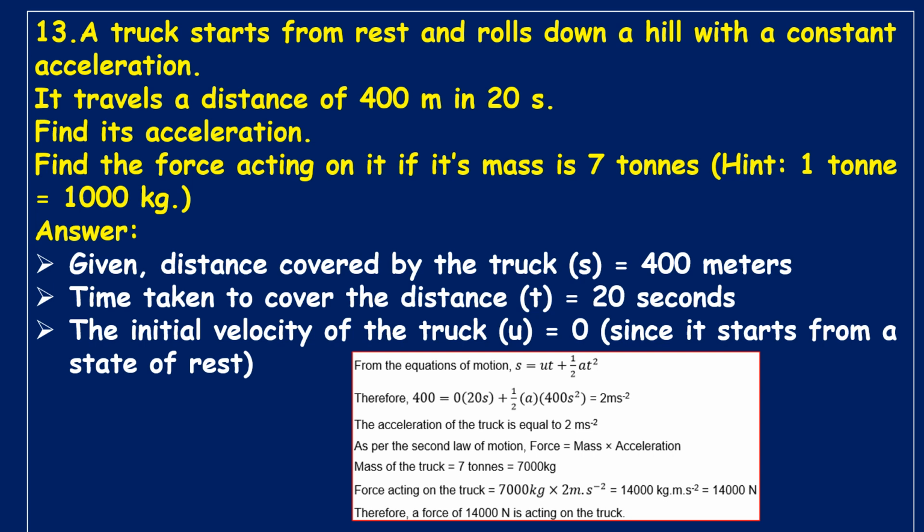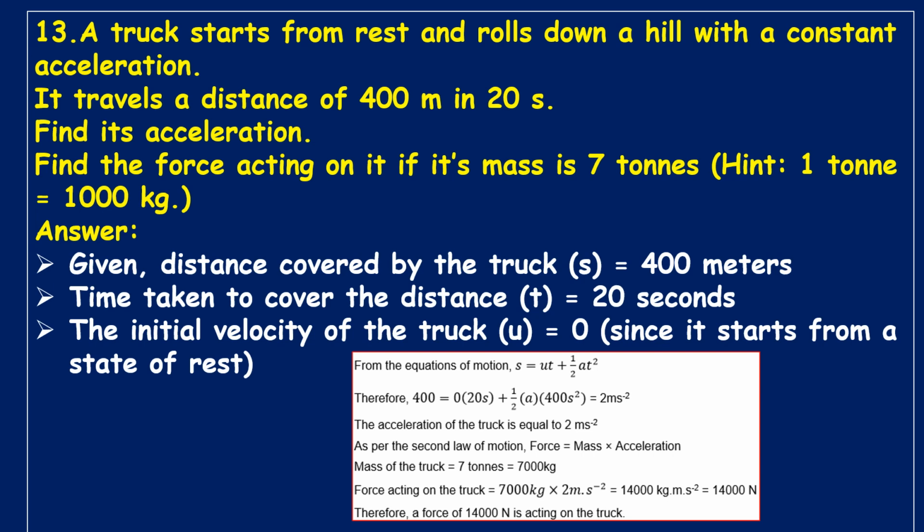Now first we have calculated the acceleration of the truck, given as 2 meters per second square, and in part B we will find the force that acts on the truck, using the second law of motion, that is force equals mass into acceleration. Now the mass of the truck is given as 7,000 kg.